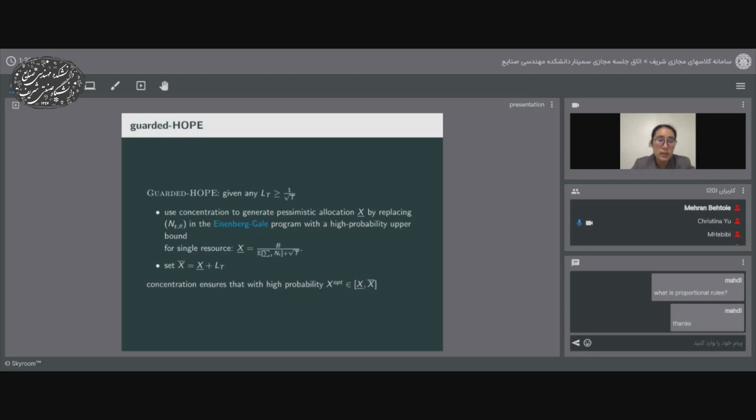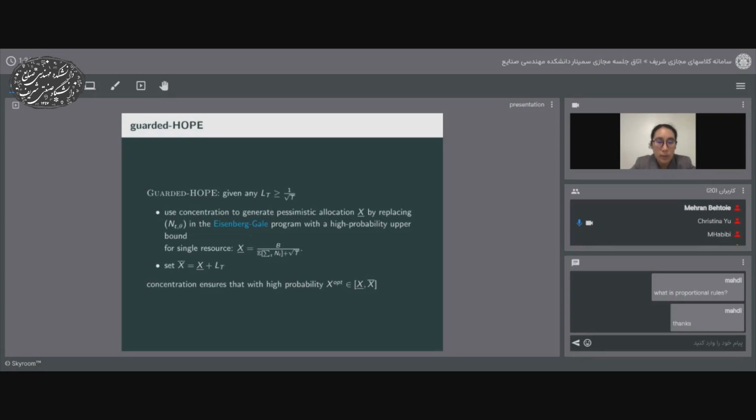And so that's one condition that we'll need on our algorithm, that the distributional information allows you to compute some kind of high probability upper bound on the demand. Now, by solving the Eisenberg-Gale program with a high probability bound on the number of individuals, it gives you a very safe allocation.